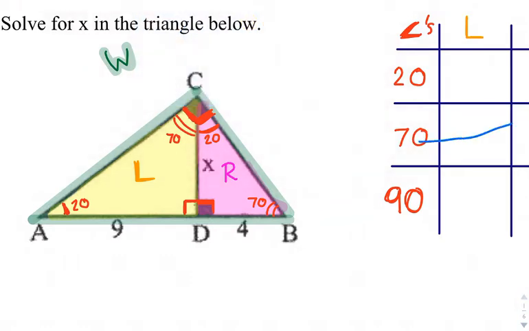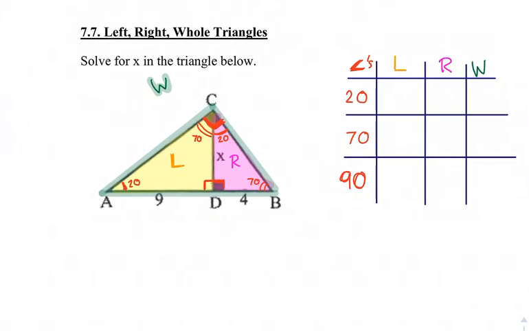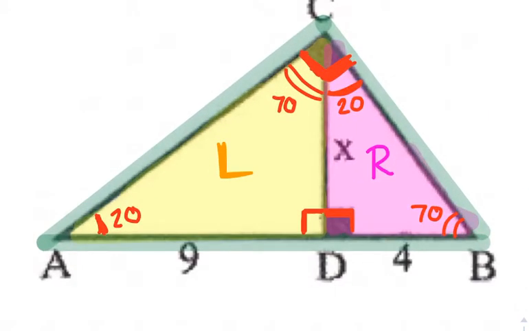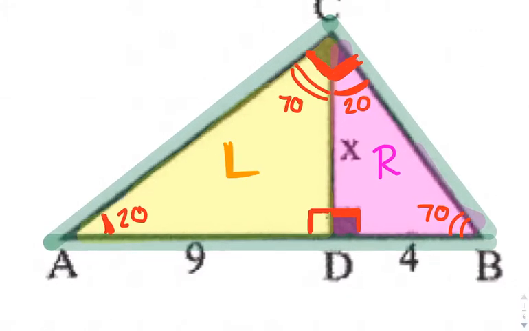So now it's about filling in this chart here. In the chart now, underneath your left, right, and whole, and across from your angle measures, are the side lengths. I'm focusing only on my yellow triangle right now. Here's 20 degrees. What I do is I look across from where 20 degrees is.